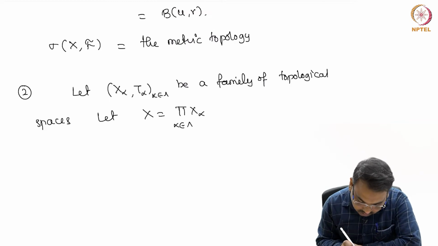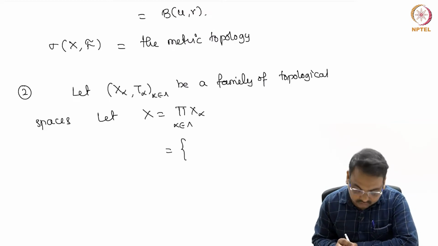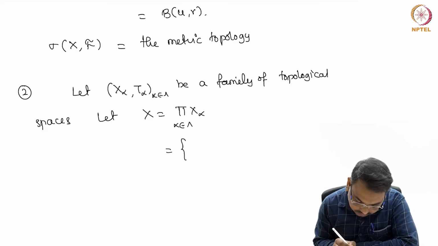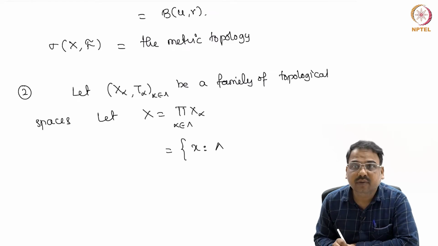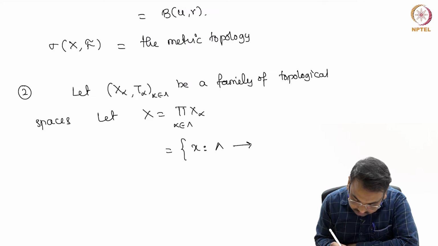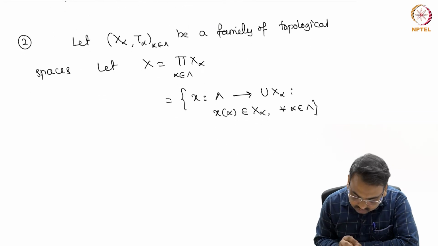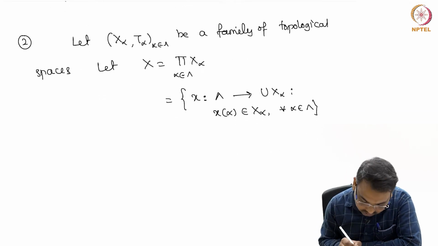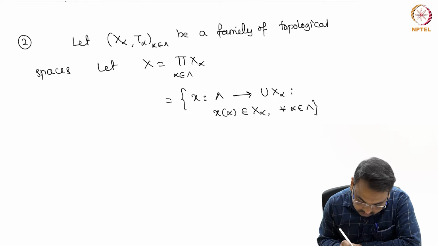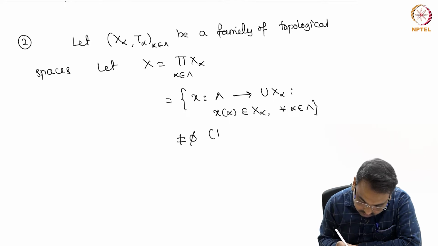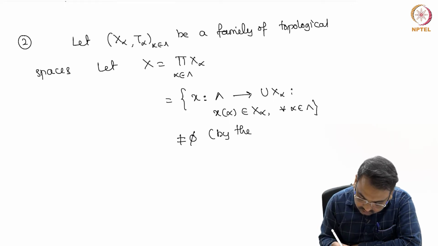This is nothing but the set of all functions x whose domain is lambda and taking values in the union of X alpha such that x alpha is in X alpha for every alpha in lambda. Such a function exists by the axiom of choice, so this set is non-empty by the axiom of choice.